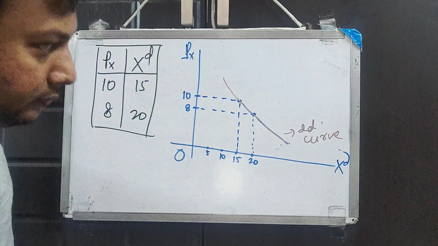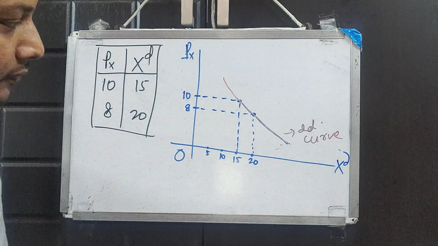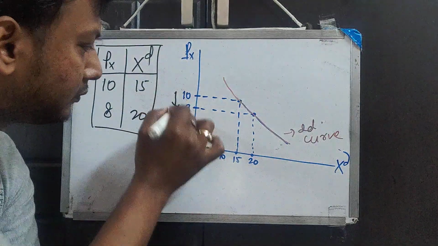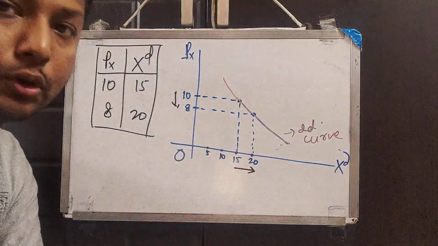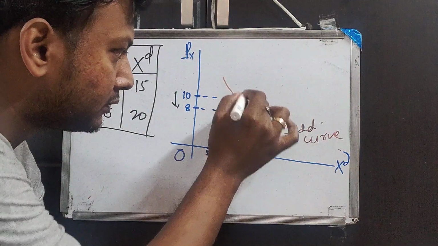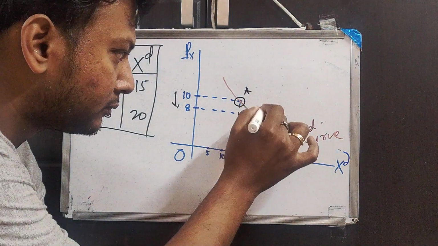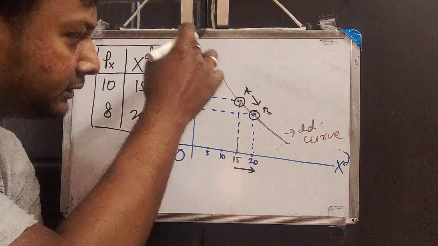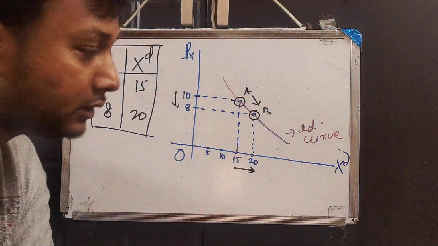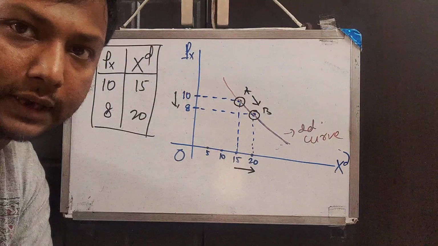See, as the price goes down, demand goes up. That means we are moving down. This is how a negatively sloped or downward sloping demand curve looks like.